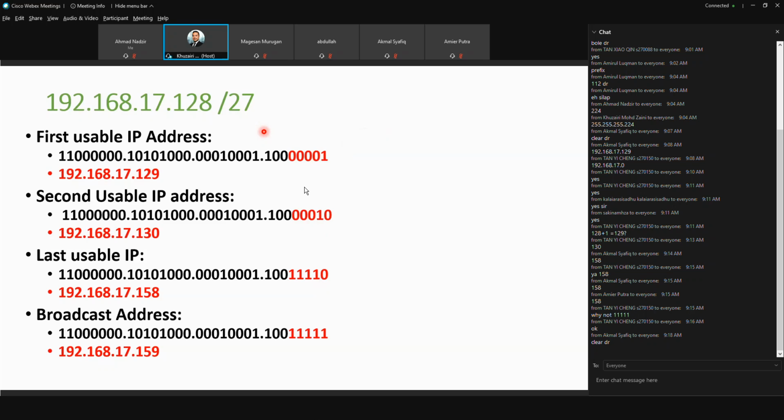When you have 5 binary digits to be used for the host ID, how many usable IP addresses can be assigned to the end devices in that network? You understand my question?